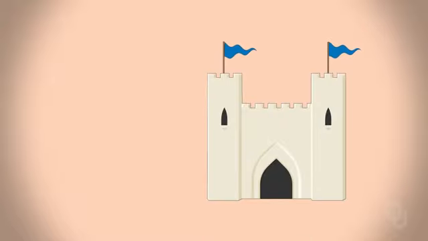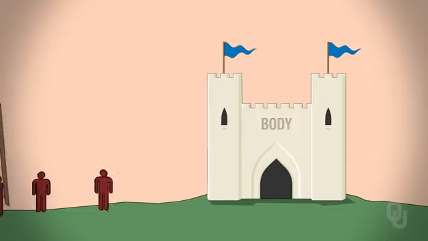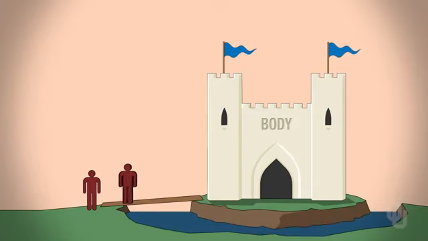Here's our analogy. When you think about an innate response, the castle is the body, and the first thing that this innate response wants to do is prevent that invader from entering the body. And once that invader invades the body, then the innate response will have some other methods for killing the invaders as well.